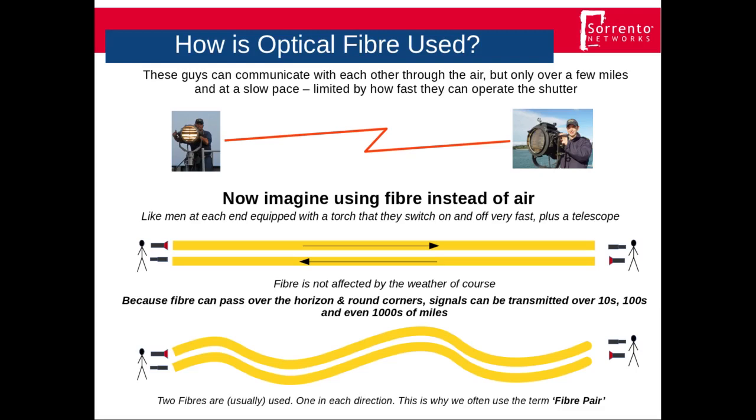Now, as I've mentioned, fibre compels the signal to stay inside, and therefore we're not limited by the horizon or the weather. In fact, we're also not limited by the electrical environment either, which is another important aspect. So the distance between the endpoints can be tens, hundreds, or even thousands of miles.